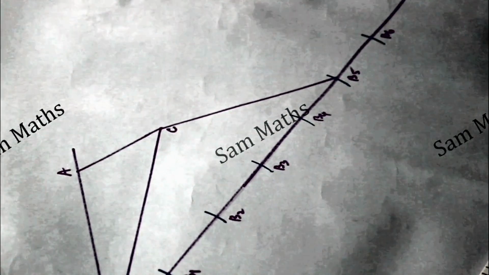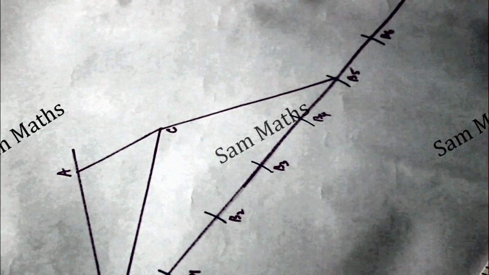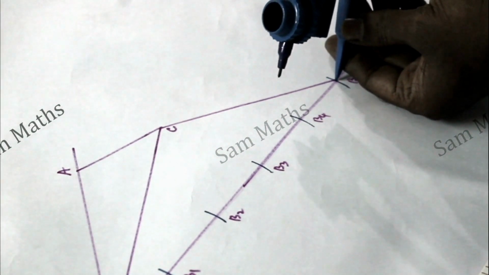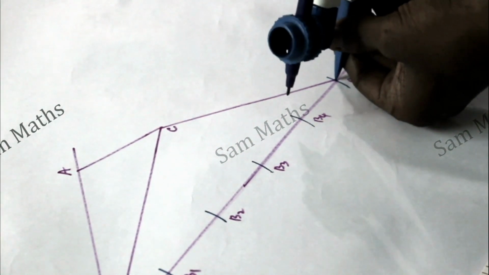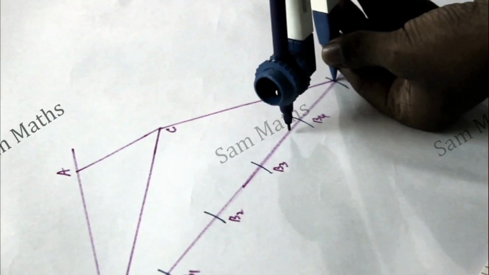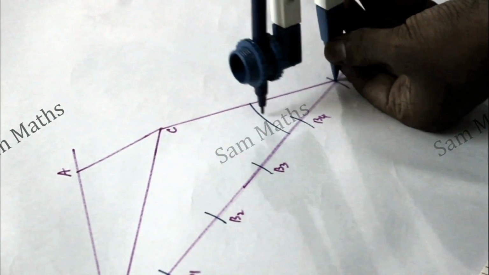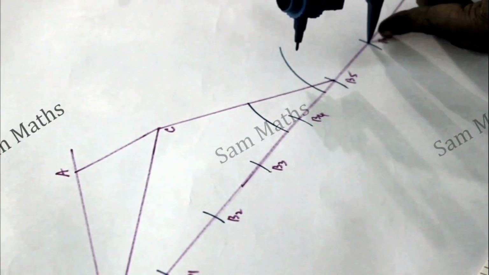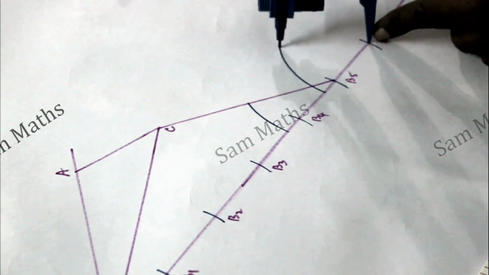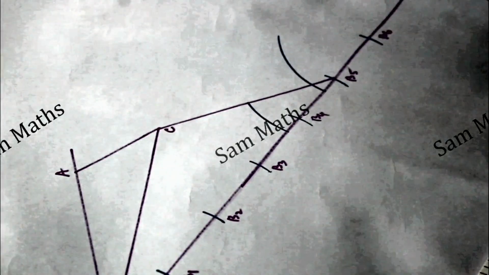Now you take the compass, take convenient radius, B5 as the center. You cut your arc like this. Now B6 as the center, with the same radius you have to draw the arc.